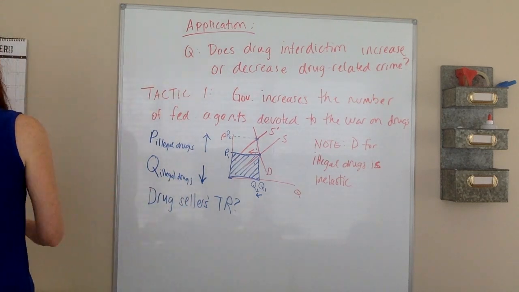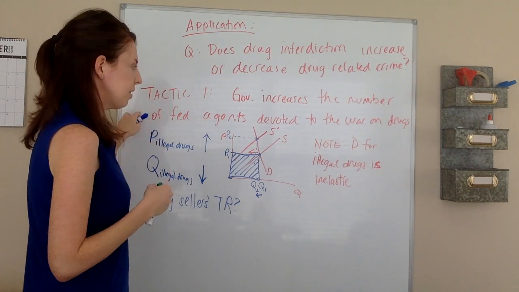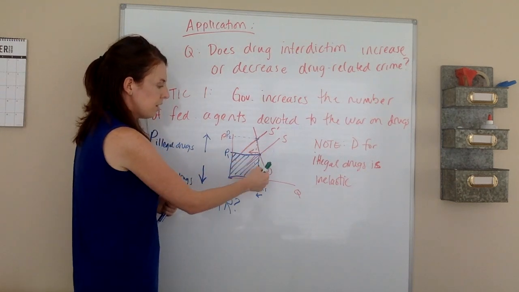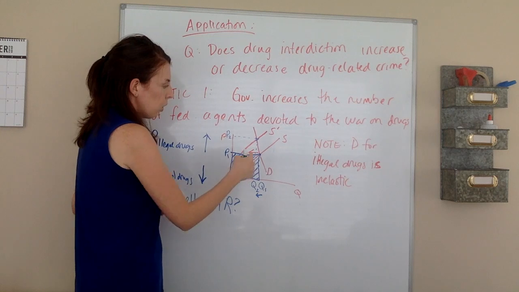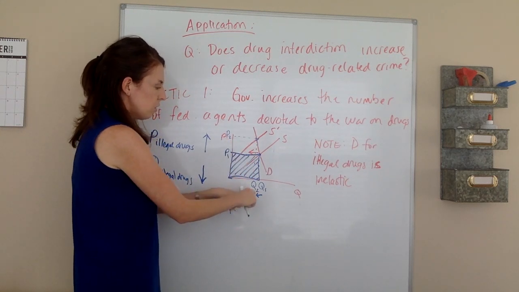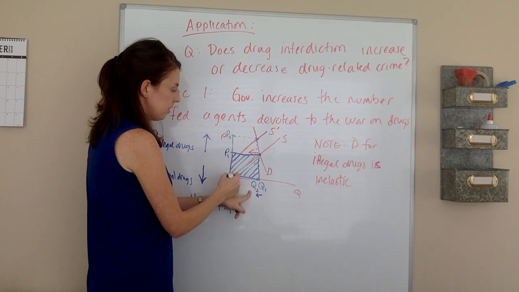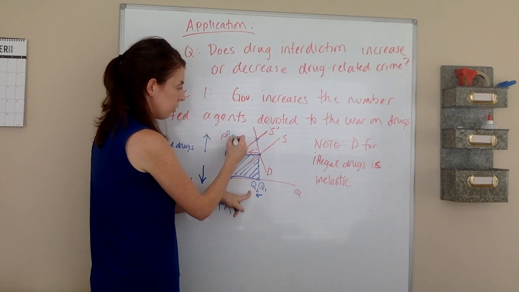Okay, after the government hires the additional federal agents, they go on the street, they crack down on suppliers, the supply shifts back. Well, we move to this new crosshair. This new crosshair gives us a new price and a new quantity. So price and quantity determine total revenue. So price times quantity is going to be total revenue.